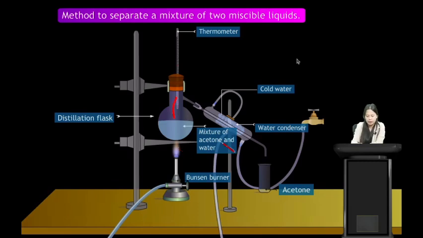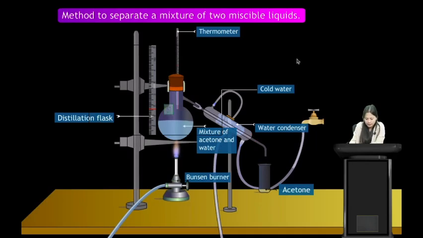The acetone will evaporate, then it will come through this condenser, and from this condenser it will be converted again to liquid acetone, which is collected through this pipe. Since the boiling point of water is higher, it needs more temperature. So before the water starts to evaporate, acetone will evaporate first, and that is how we can separate the mixture of two miscible liquids.